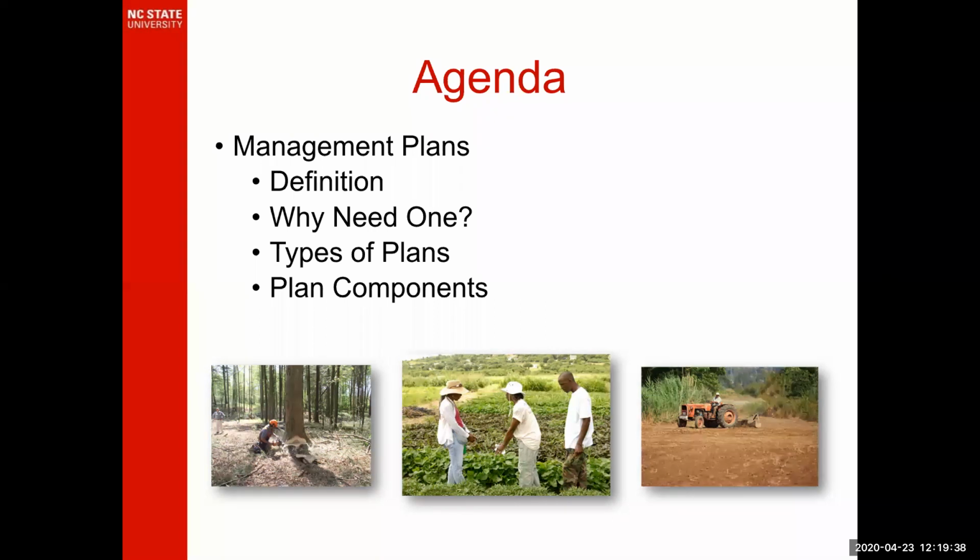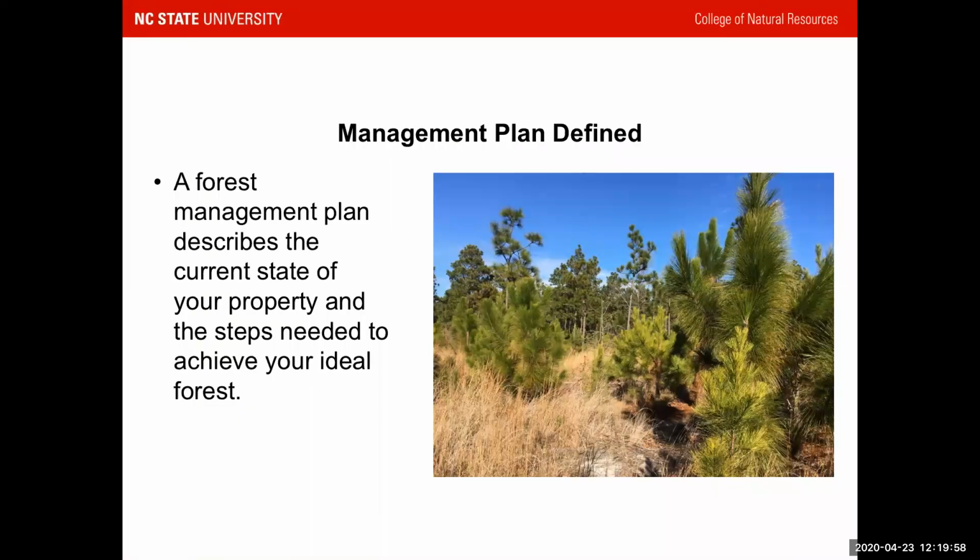Programs like the present use tax program, they require certain components to those plans. And if you get into a program like the tree farm program here in North Carolina, the plan has to have a certain set of criteria in order for you to qualify for that. So let's talk a little bit about the definition of a management plan.